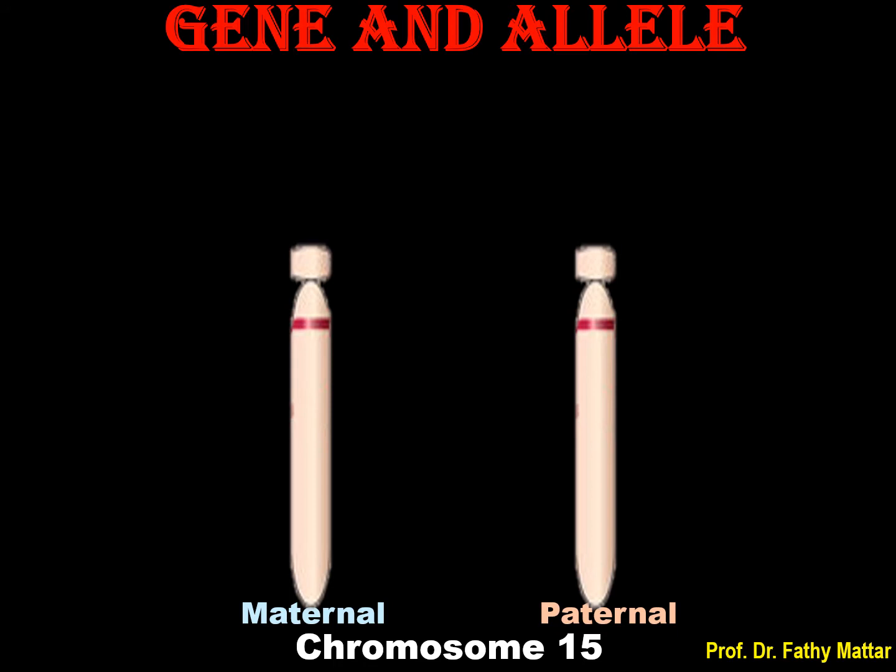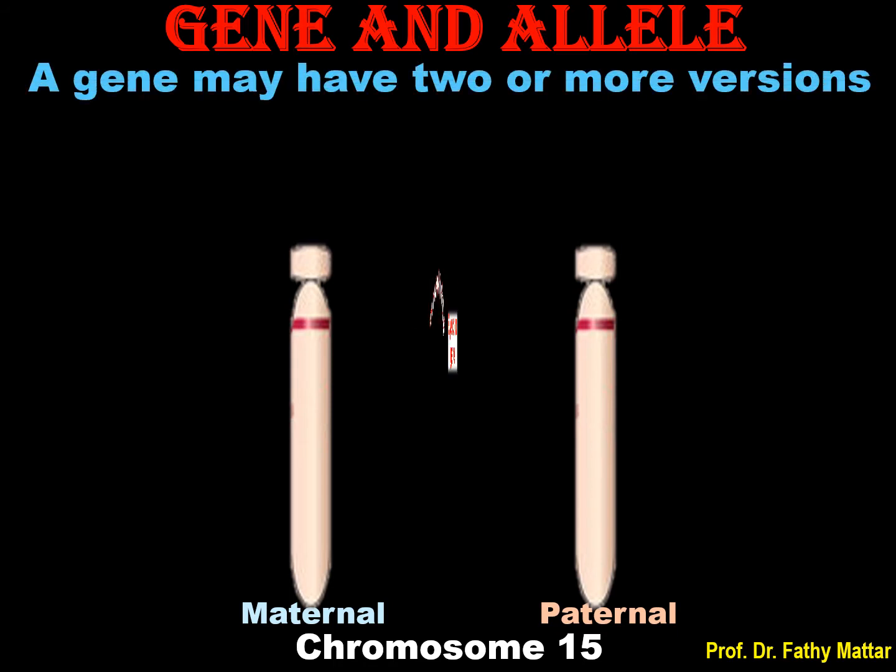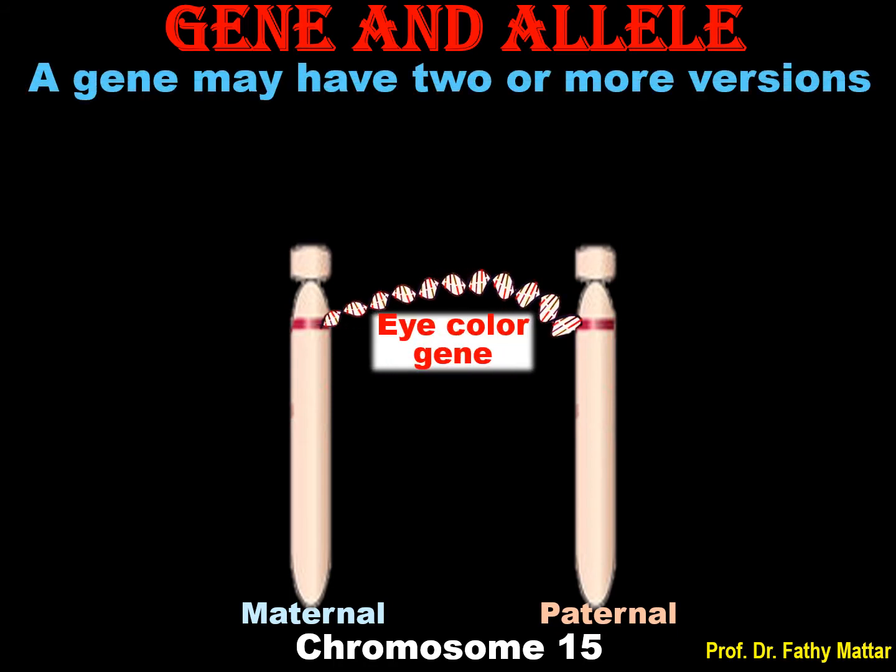The paternal and maternal chromosomes carry the gene at certain loci. For example, chromosome 15 carries the eye color gene at this locus. The gene may be expressed in two or more versions.